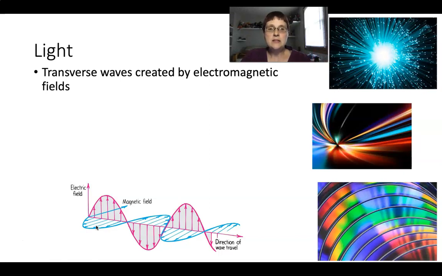Well, what we didn't get a chance to talk about is that electric charges, when they move, create magnetic fields. And magnetic fields, when they move, create electric current. And so light is the interaction between these two. So as the waves for light travel, you've got moving electric fields that generate magnetic fields.